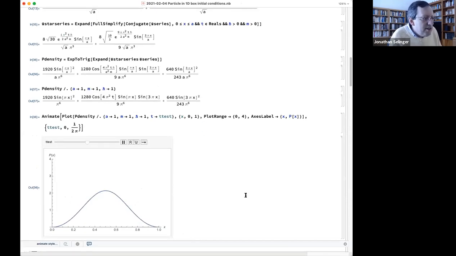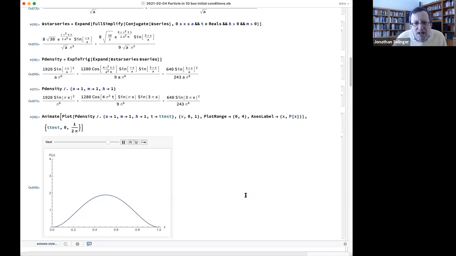Here it is, come on. Okay, so you can see the movie's changing a little bit, but it's not changing very much. That's because our initial condition here was really close to being a single stationary state.